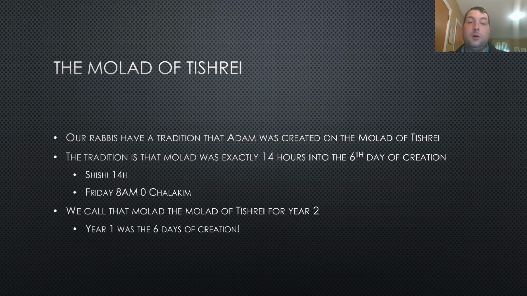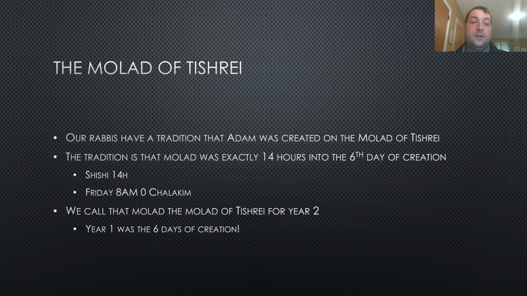And we call that the molad of Tishrei for year 2, because the first year was the 6 days of creation. The second year only began with Rosh Hashanah, which was on Friday and Shabbos. It was a 2-day Rosh Hashanah, with one of the days being the previous year, and that's year 2.